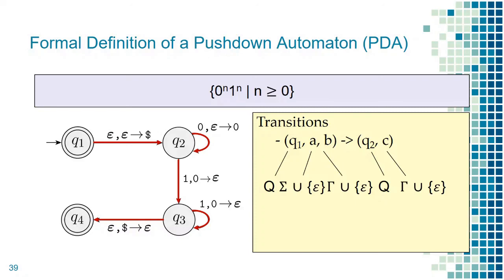So what I'd like you to do is to construct a PDA that will recognize balanced brackets, okay? We'll use square brackets for argument's sake, because it's easier to draw. So for every open bracket, you must have a closed bracket.